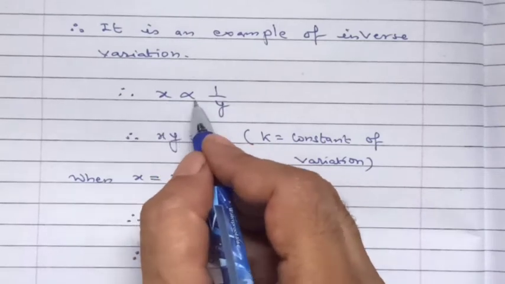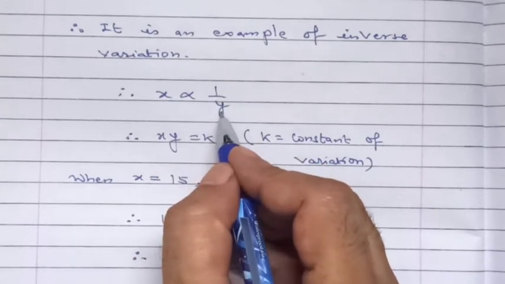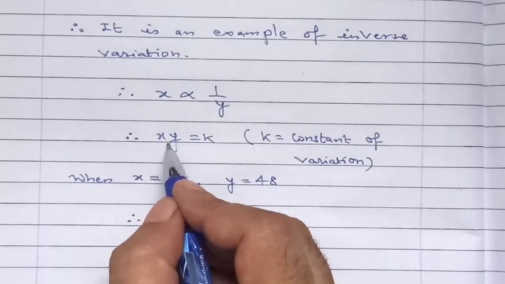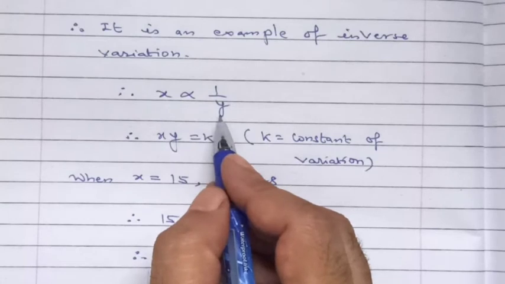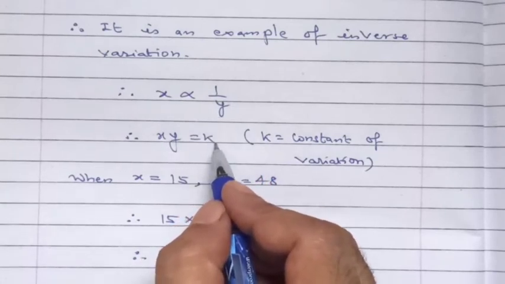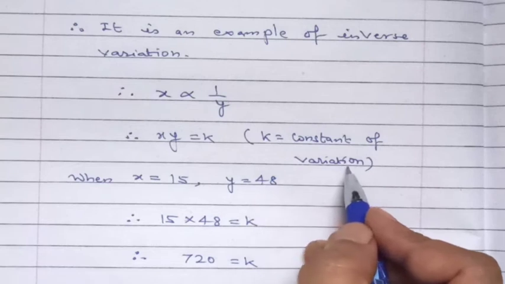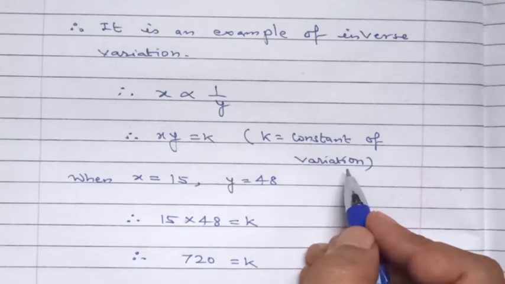That is, X is proportional to 1 upon Y. Therefore, product of X and Y, that is X into Y, is equal to a constant K, where K is constant of variation. To find the value of K, you have to look at the problem.